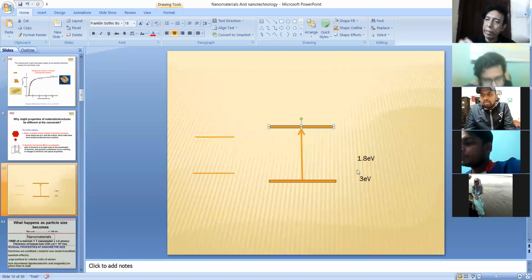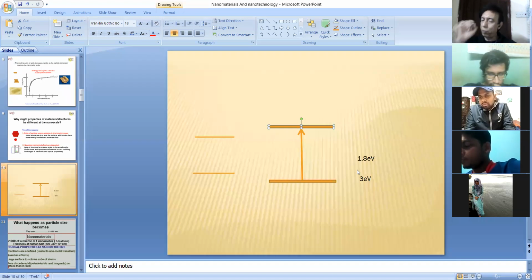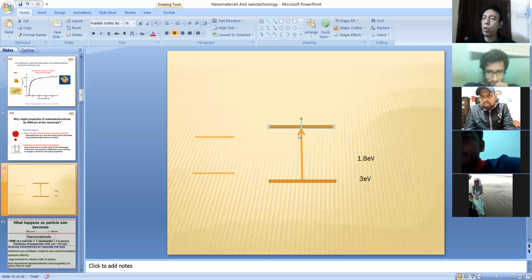So for the same material, at first the band gap was 1.8 electron volt. That means if you supply energy of 1.8 electron volt, then an electron from the valence band will go to the conduction band. Now what will happen if it is a nanoparticle?